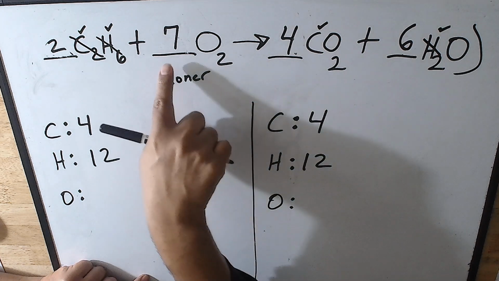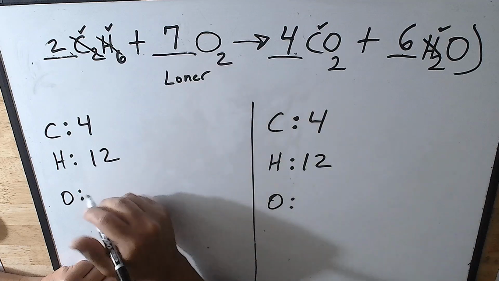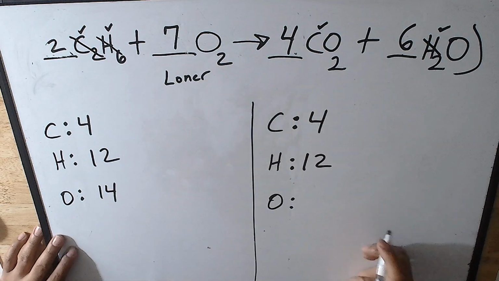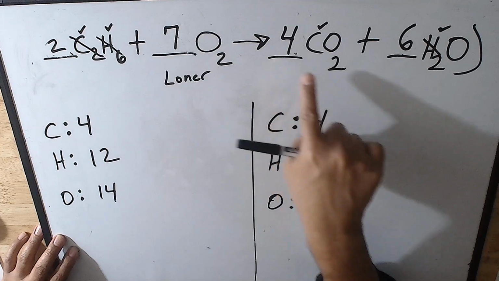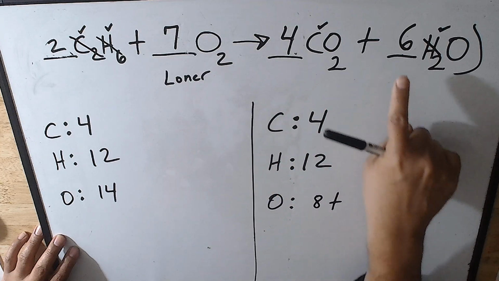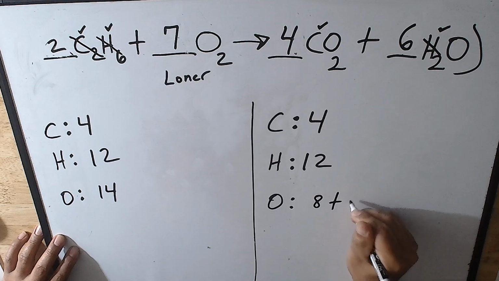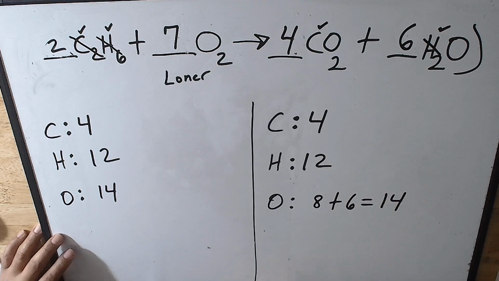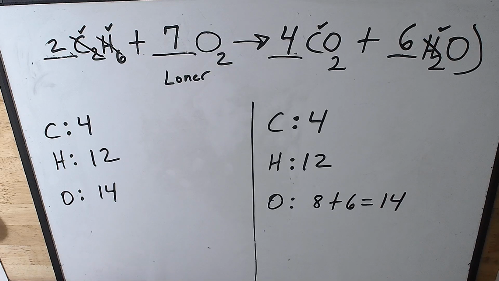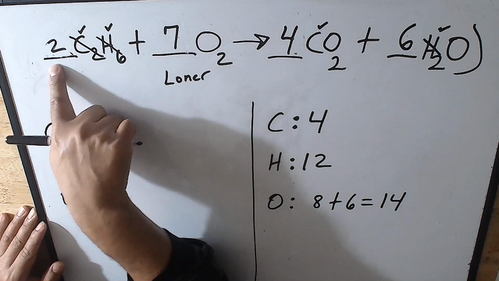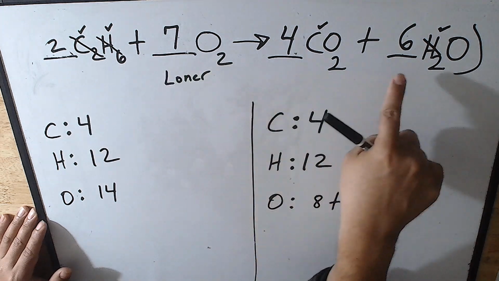And then for my oxygens, I have 7 times 2 gives me 14. And then over here on the product side, I have 4 times 2 is 8, and then plus 6 gives me a total of 14. So at this point, everything is balanced out. Our final coefficients are going to be 2, 7, 4, and 6.